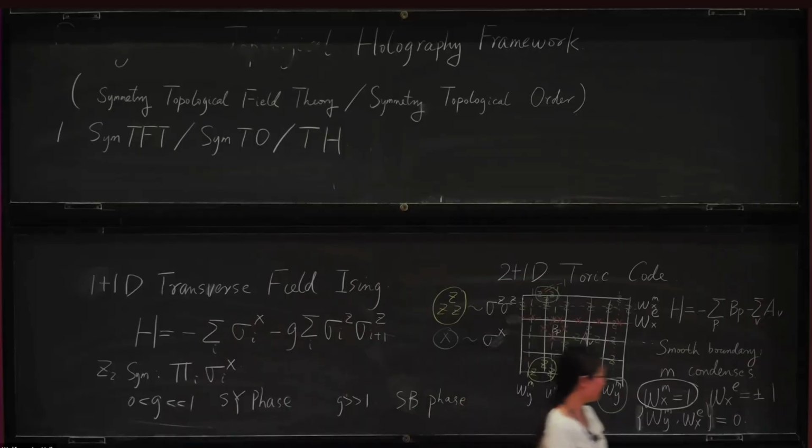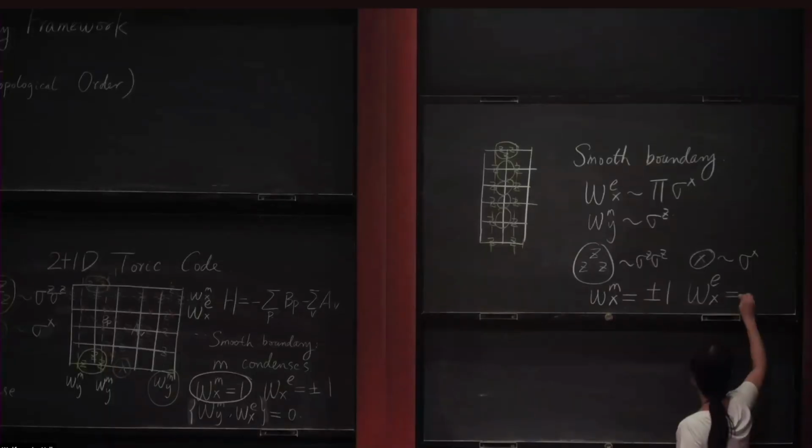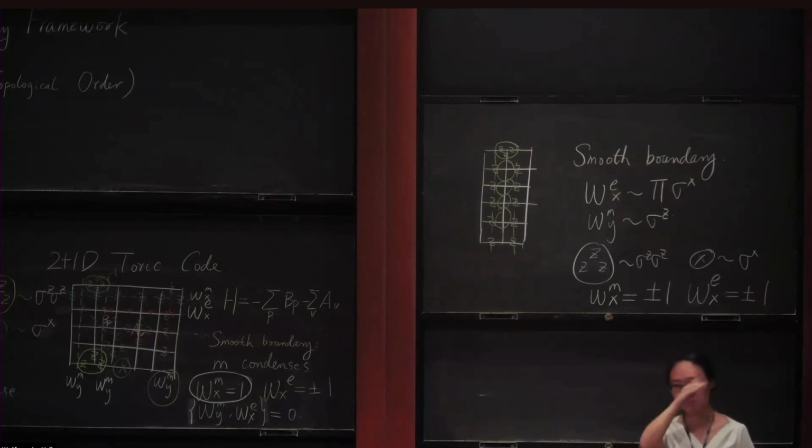But other than that, we see that the flux sector and the charge sector actually have a very large similarity between them. They're just labeled by the plus minus 1 eigenvalue of the horizontal string operator. Okay.